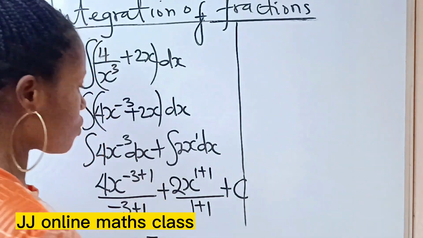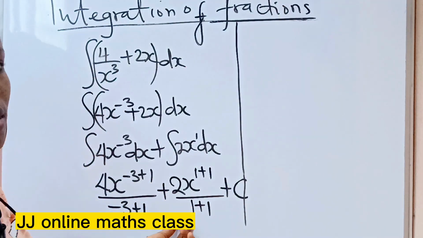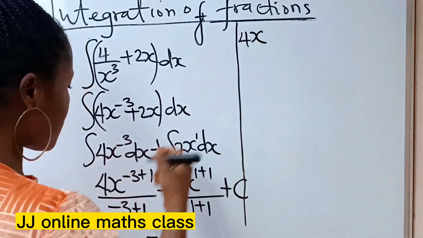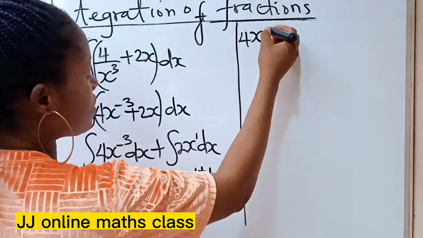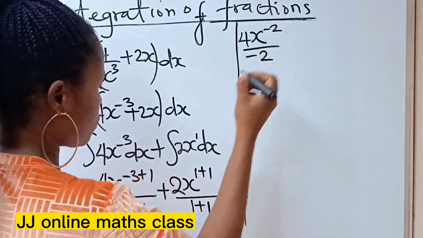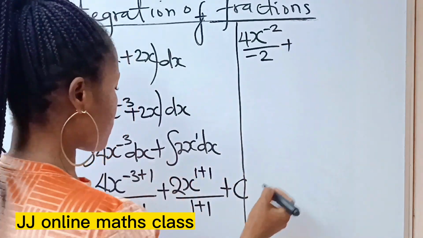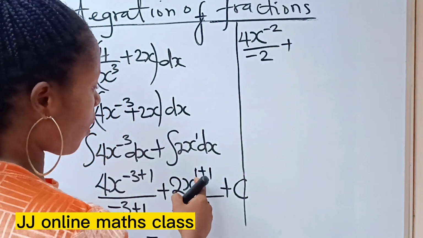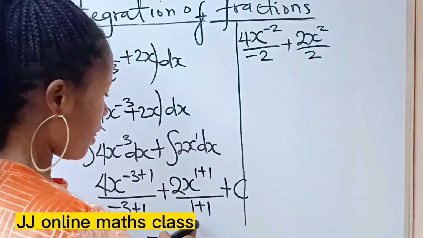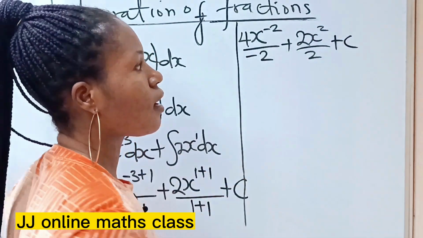The next thing we need to do is solve what we have here. This is going to be 4x to the power of minus 3 plus 1, which is minus 2, over minus 3 plus 1, which is minus 2. Plus we have 2x to the power of 2 divided by 2, plus c.